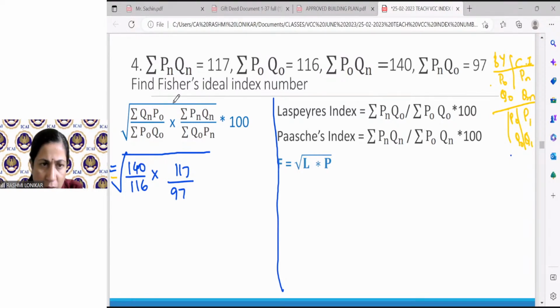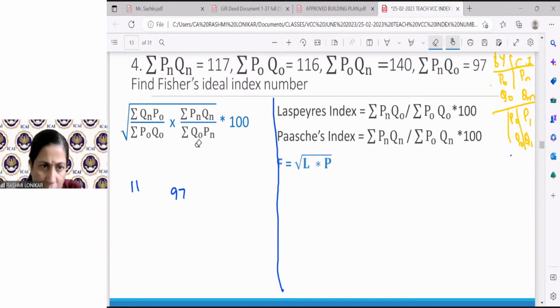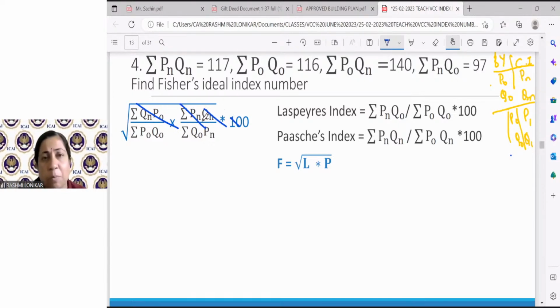I think I wrote down the formula for the quantity index, not the price index. The formula is not incorrect, but we are finding the price index.